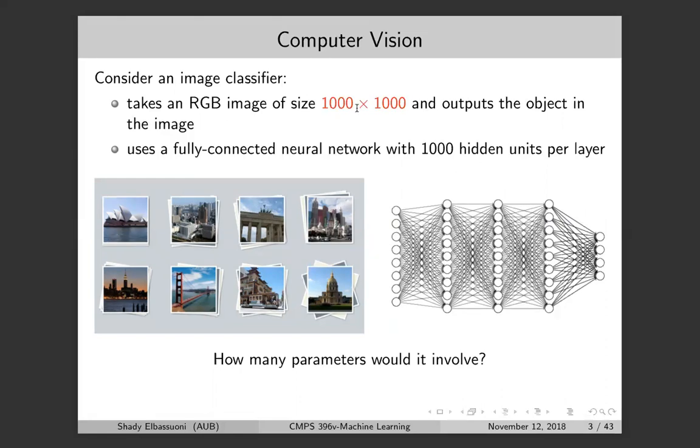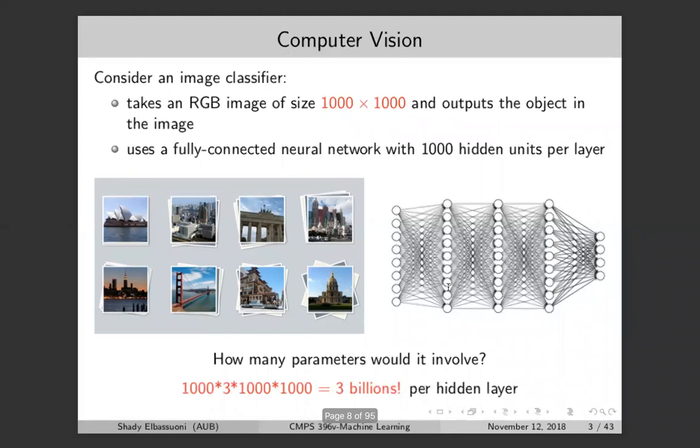You have the red, the green, and the blue. So every one of these gets 3 times 1 million as a signal. So you have weights equal to 3 times 1 million. And then how many of these do you have? 1000. So that becomes 1000 times 3 times 1 million, which is 3 billion per hidden layer, right? So really a lot of weights. So you need a zillion of training data. You need such huge training data to be able to train this neural network. Otherwise, you will not be able to train. You will overfit basically to the training set.